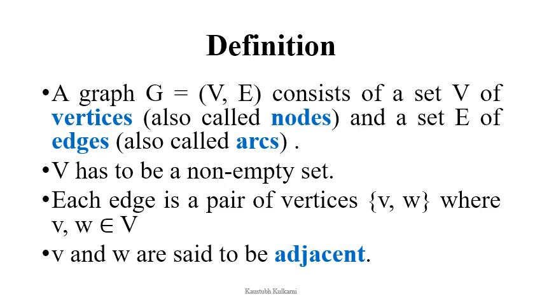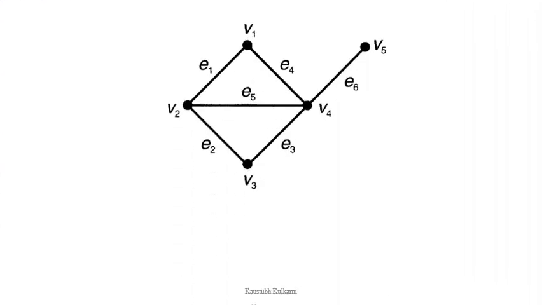Let's take a look at some examples. Now what may this graph indicate? A graph like this could be used to model a real life situation. For example, a graph could represent a road system.